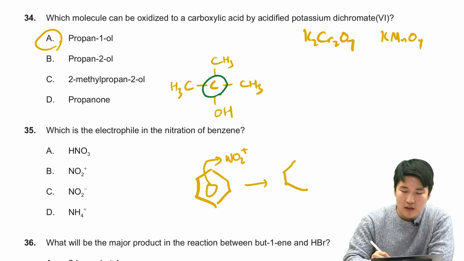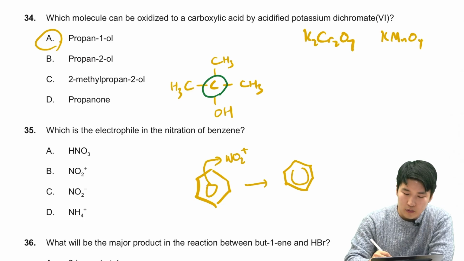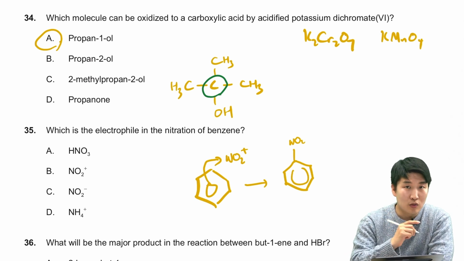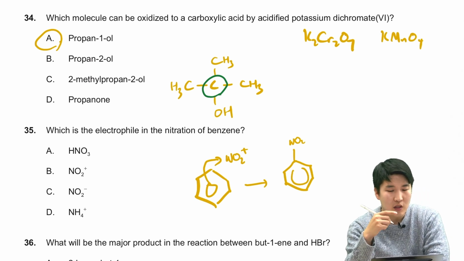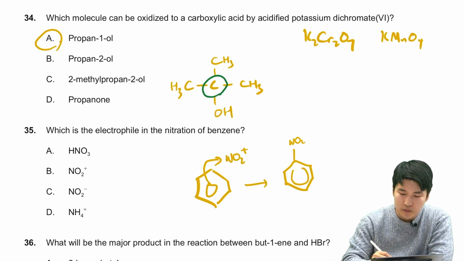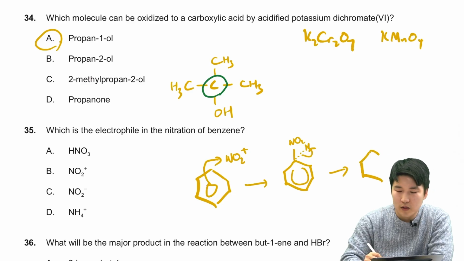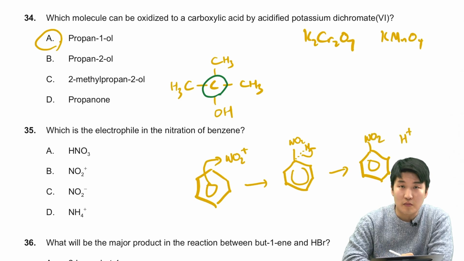Remember how this is substitution, meaning there will have to be one of the hydrogens bonded to the carbon to which NO2 will bind. The carbon to which NO2 will bind will originally have a hydrogen bonded, which will be removed. So that we end up with a nitrobenzene and an H+.